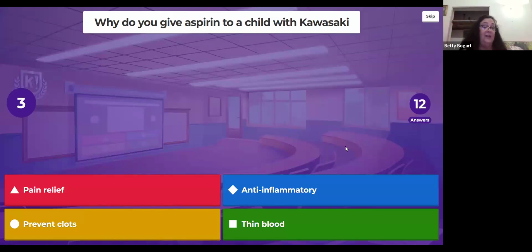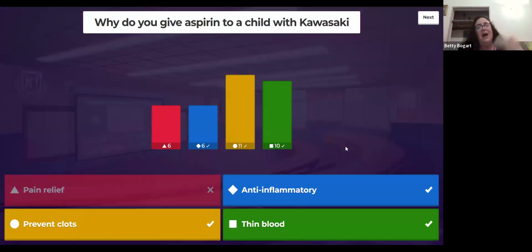That's one of the things we don't think about. So Kawasaki doesn't have pain. It's more of, you don't feel well and you've got a fever and a rash and whatnot. It's not pain, so it's not used for that. But it does prevent clots. It thins the blood and it's an NSAID, so it is an anti-inflammatory. It's an itis, vasculitis. It does help.